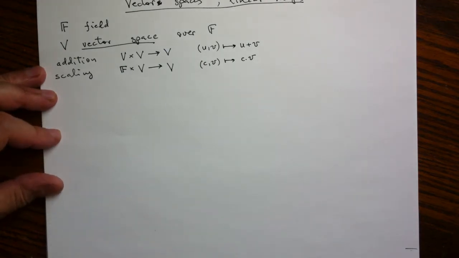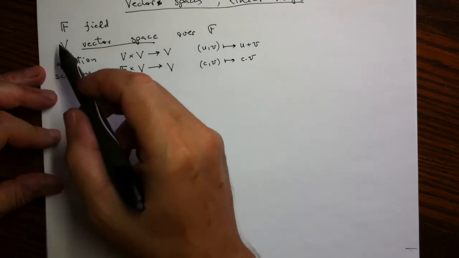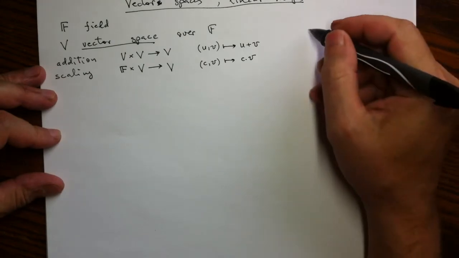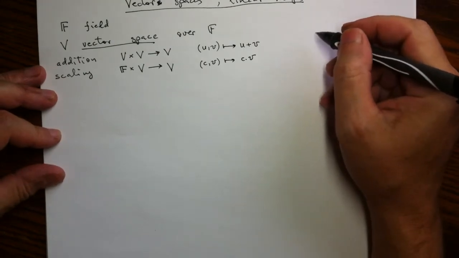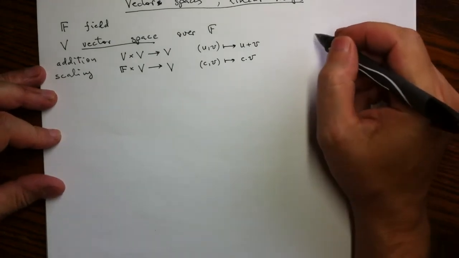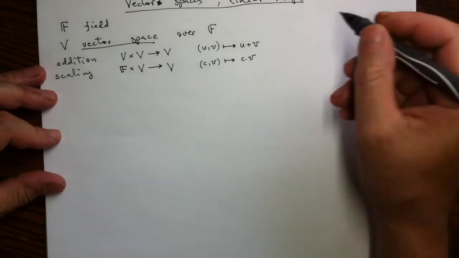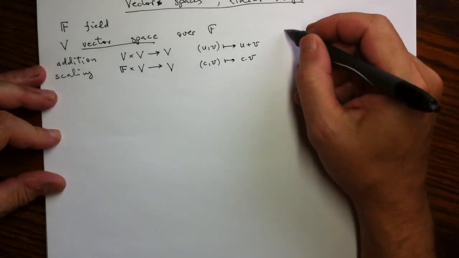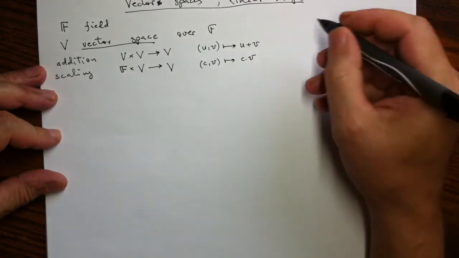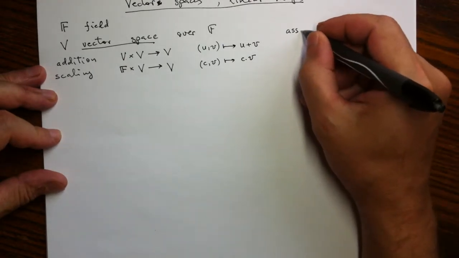These two operations have to satisfy certain properties for E to be a vector space, and I will list the properties in a slightly unconventional form, minimizing the number of them. The first two properties are about addition. One is associativity.